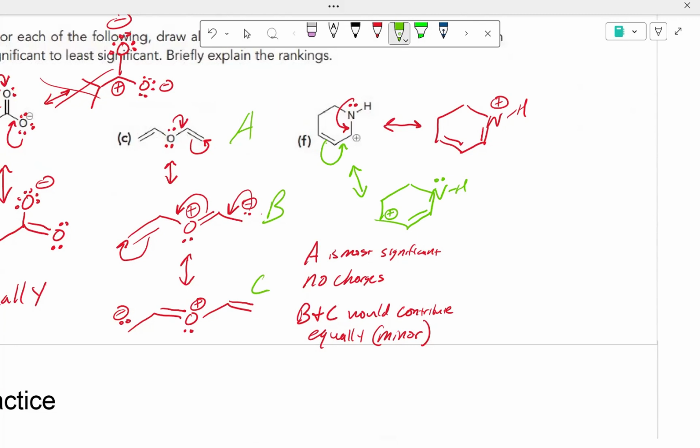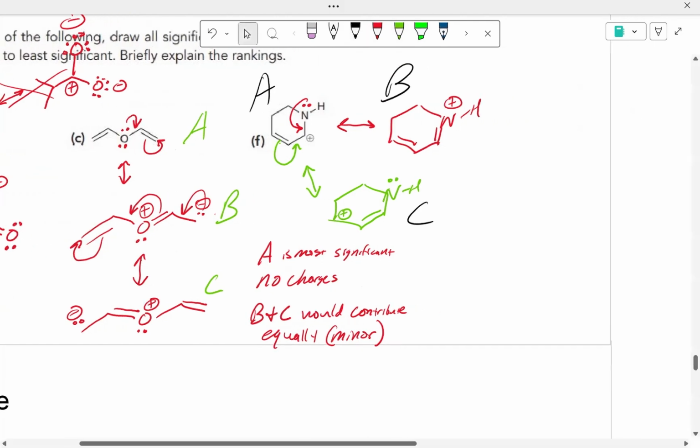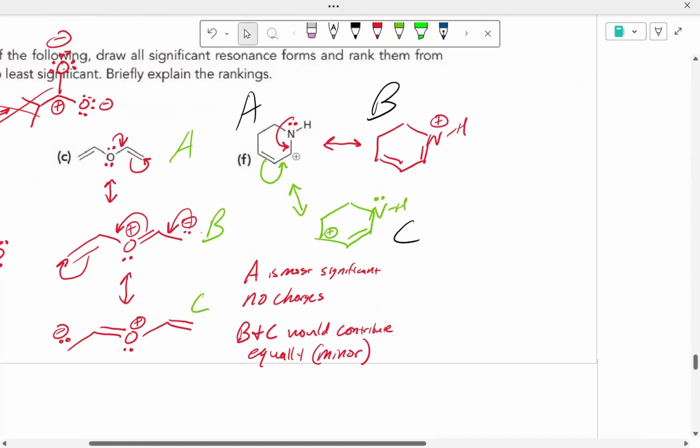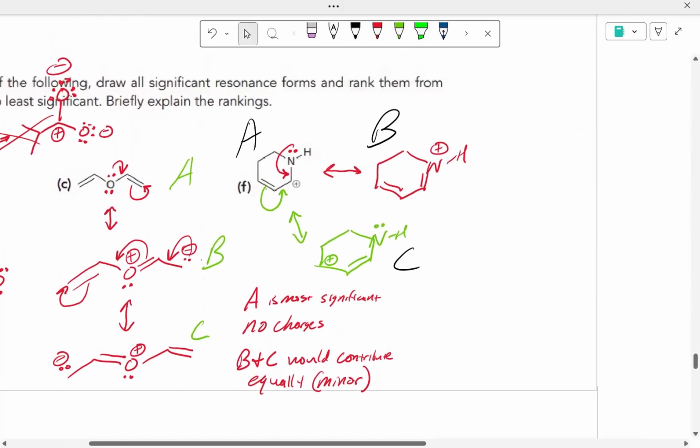All right, so we start at the top. Actually, I'm going to label these again: A, B, and C. So we start at the top of the list. The major contributor is the one that has a full octet on all atoms. Does that apply to any of them?